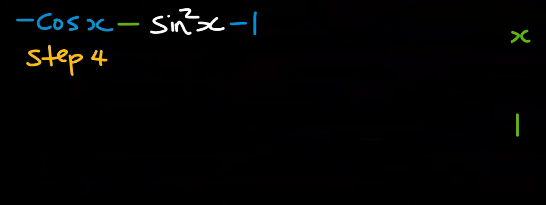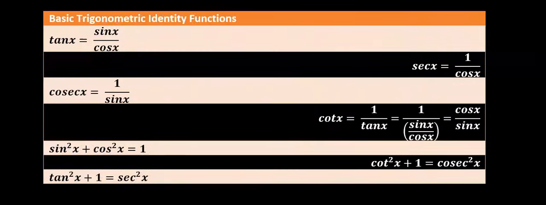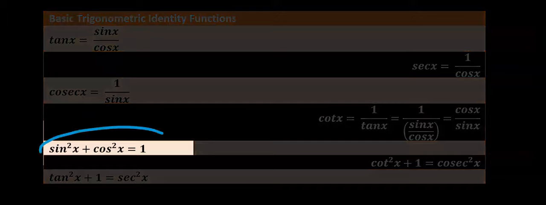Next, in step number 4, I want to make this identical. Either to make it cos here and cos here, or this to be sine and this to be sine. To achieve this, from basic trigonometric identity functions, sin squared x plus cos squared x is equal to 1.